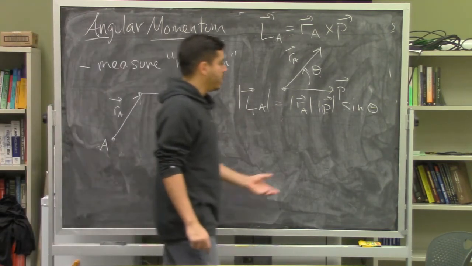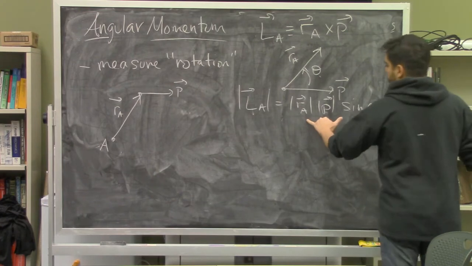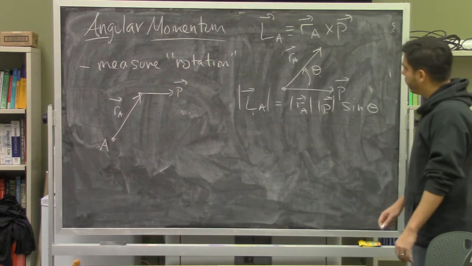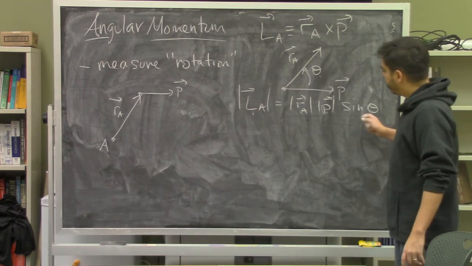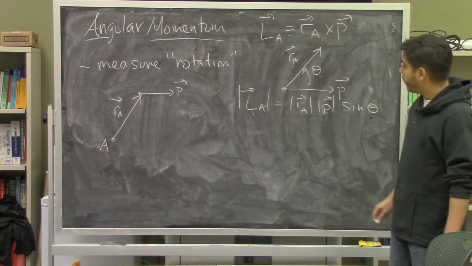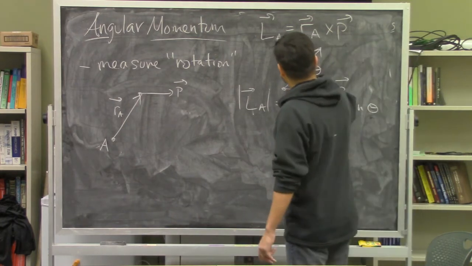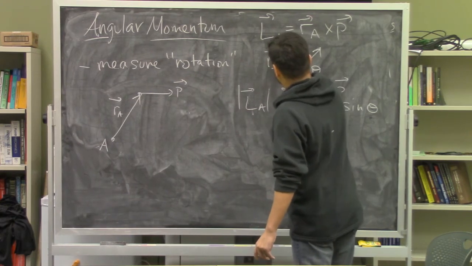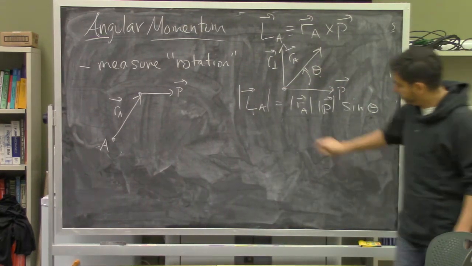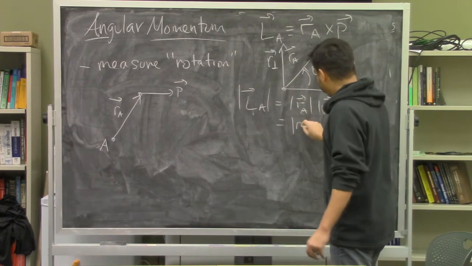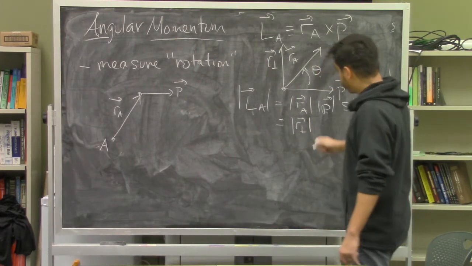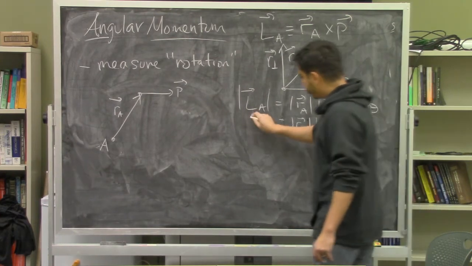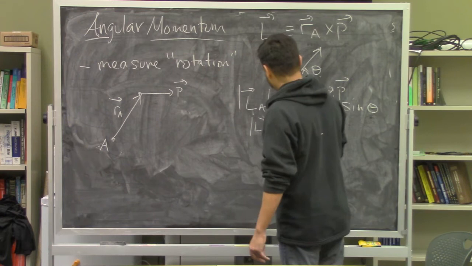Now, what you can see here is that we want to apply the same kind of ideas that we did from torque, which is what are we going to do with this sine of theta? Well, a nice thing to do is to apply it to the r vector, because if we take the magnitude of this vector times the sine of theta, we get precisely the perpendicular component of that vector. And so, just as before, another way to think about this is to multiply the location vector, which is perpendicular to p, times p, to calculate that magnitude.